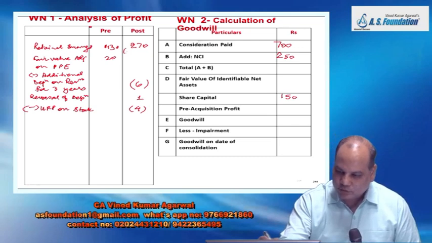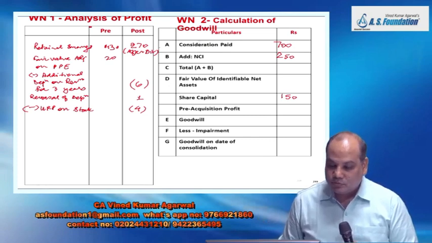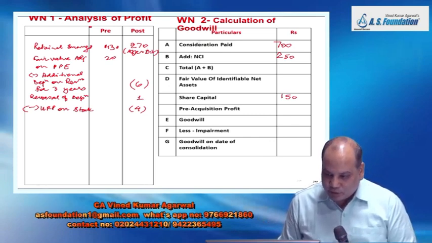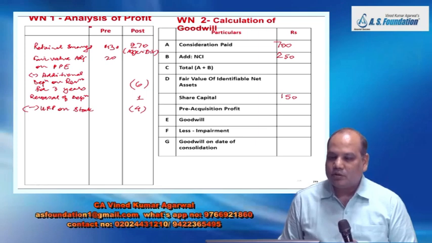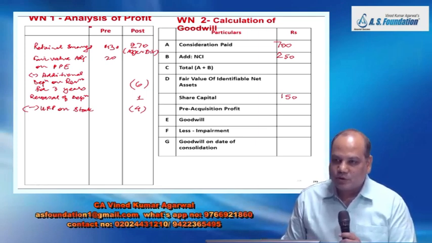It is after dividend only, because it is taken from the SOFP and dividend has already been paid. So we will assume dividend has been paid out of post acquisition profit only.